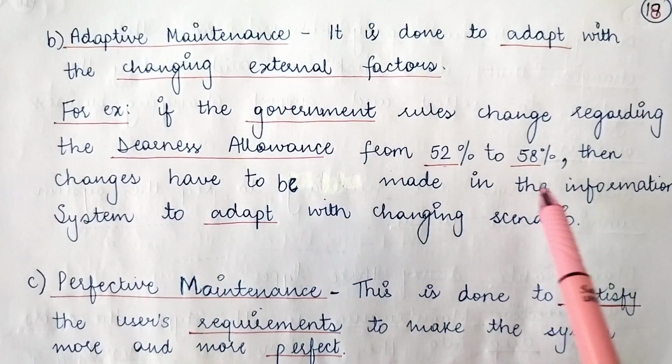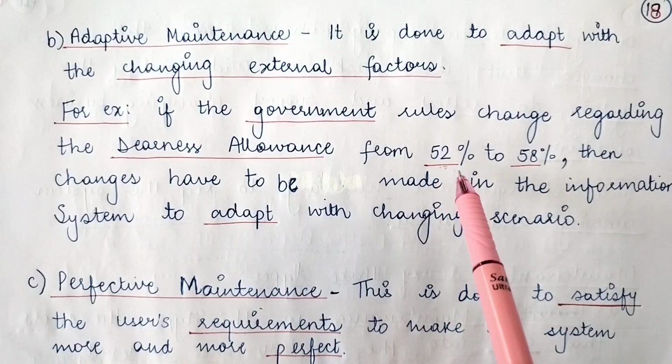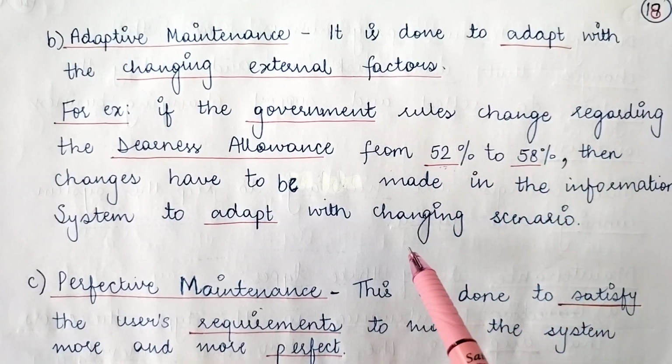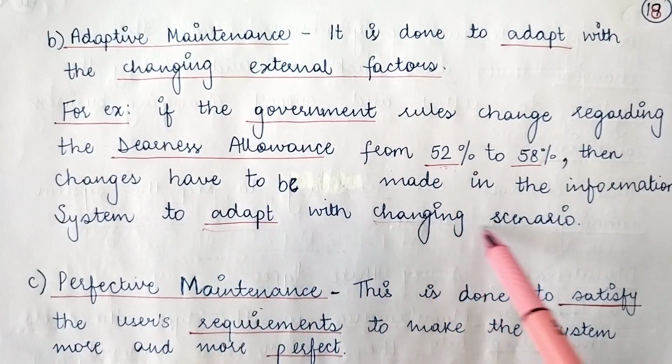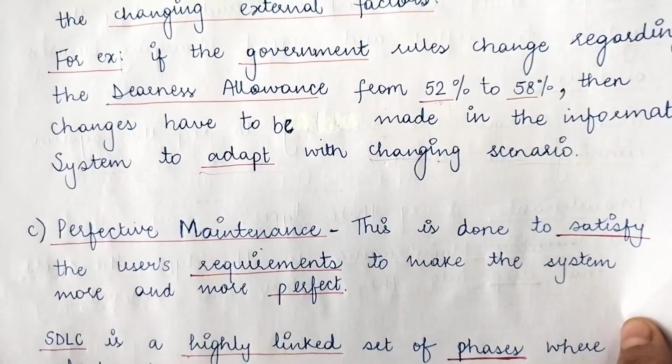So changes will have to be made to increase the DA allowance from 52% to 58% so that it adapts to the changing scenario. Such a maintenance is known as adaptive maintenance.